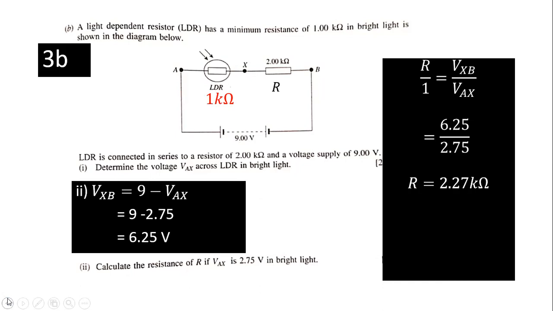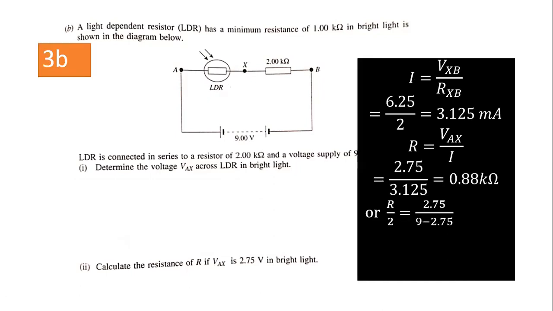Okay. Funny type of question because R is already given here. Something is wrong with the question. Sometimes it looks a bit weird. That's why I said to you, sometimes it can be a bit weird.